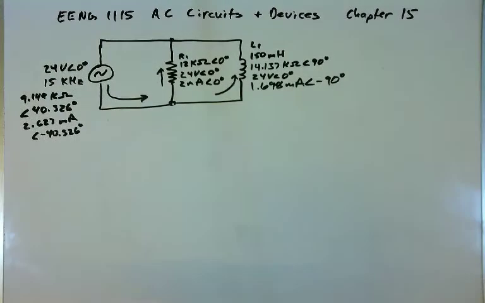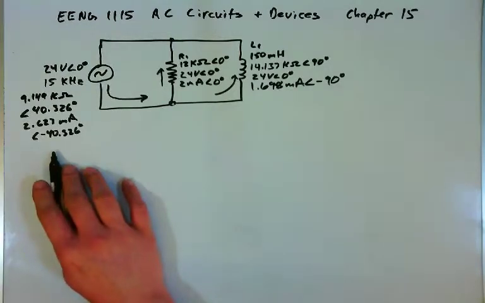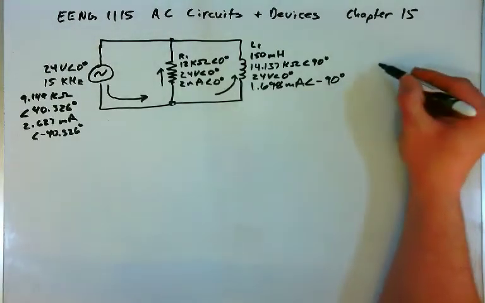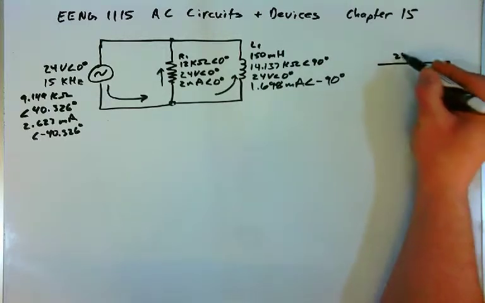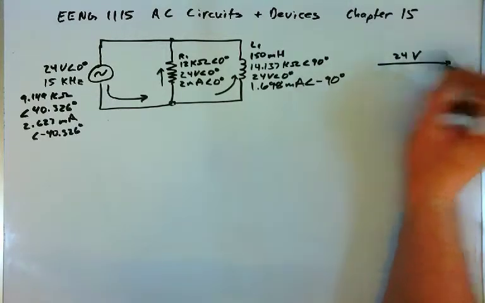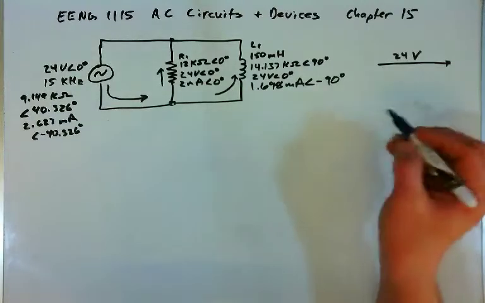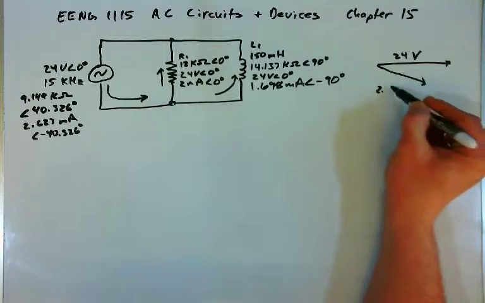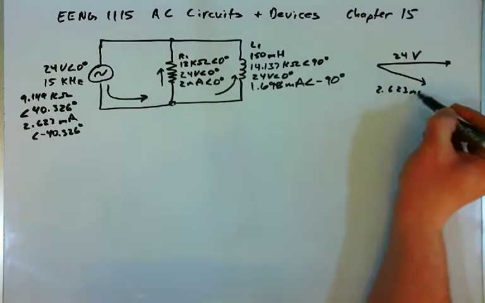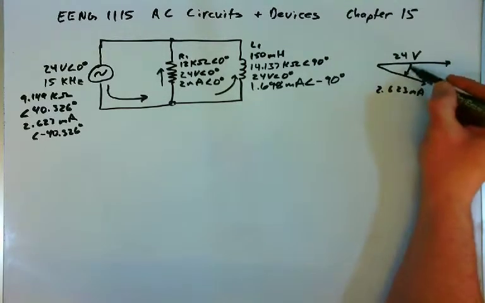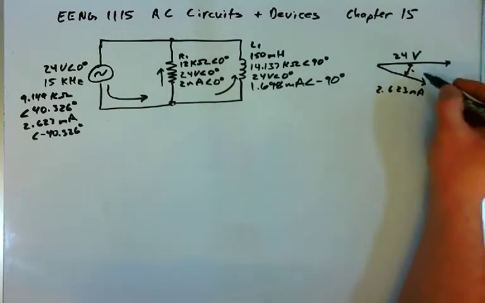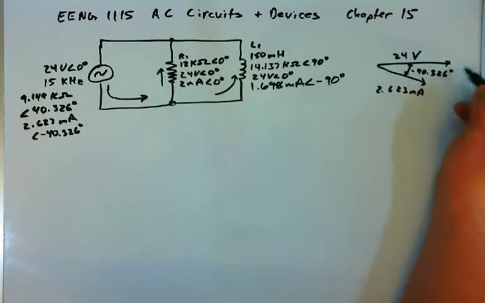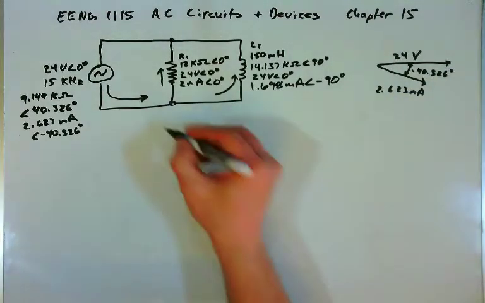Now that we know we have the right currents for the circuit, we can analyze the power. We'll start over here with the total power of the circuit. So let's look at the vectors. We have 24 volts at 0 degrees, and we have 2.623 milliamps at negative 40.326 degrees. And so we'll start with the volt amps.